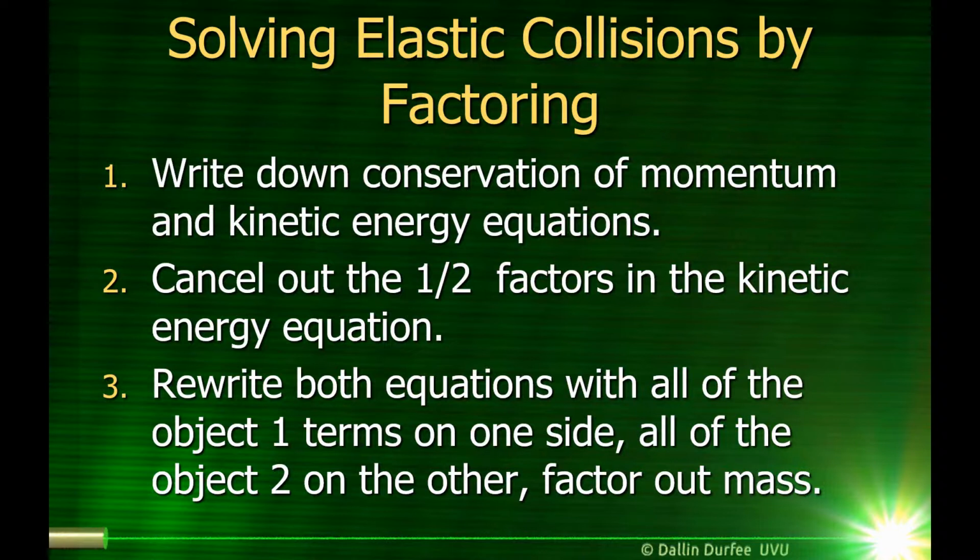In this method, what we do is we write down the conservation of momentum and kinetic energy equations. We're going to cancel out the 1/2 factors in the kinetic energy equation to make the equation look simpler. And then we're going to rewrite both the conservation of momentum and the conservation of kinetic energy equations. We're going to move all of the object 1 terms to one side and all of the object 2 terms to the other side, and then factor out the mass, okay?